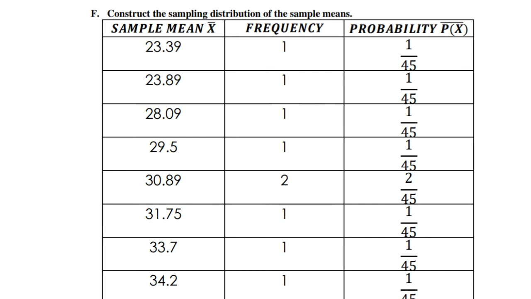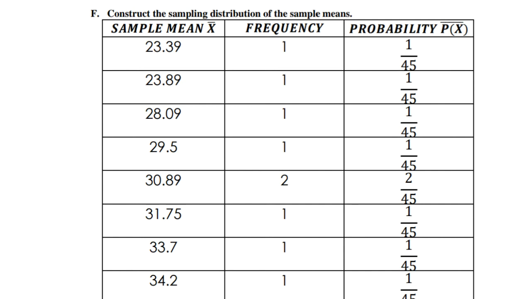Construct the sampling distribution of the sample means. Sample mean 23.39, frequency 1, probability 1/45. Sample mean 23.89, frequency 1, probability 1/45.